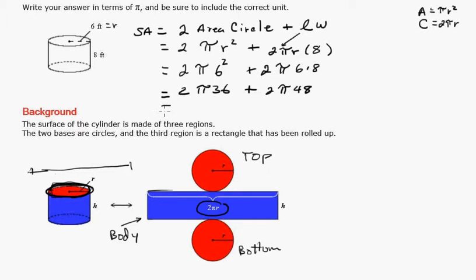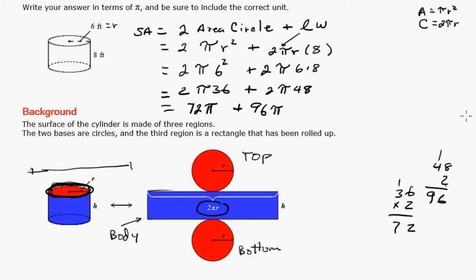Then 2 times 36: 2 times 6 is 12, 2 times 3 is 6 plus 1, 72. So I get 72 pi plus 2 times 48, which is 96 pi.